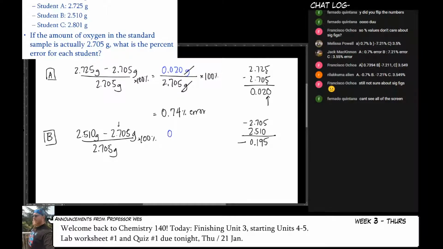So now I have negative 0.195 grams over the true answer times 100%. The units cancel. And I get negative 0.195 over 2.705 times 100%. And for that one, I get negative 7.21%.